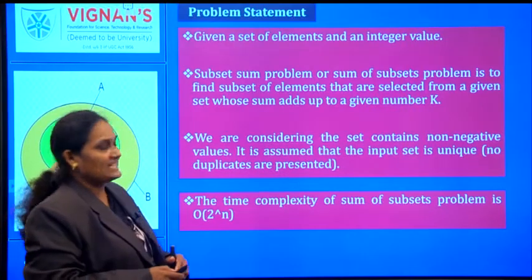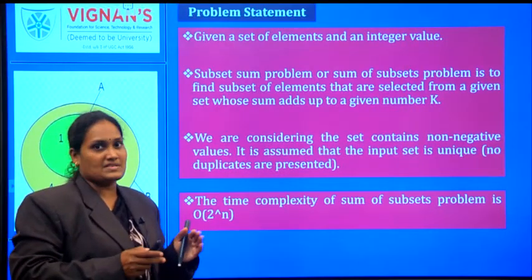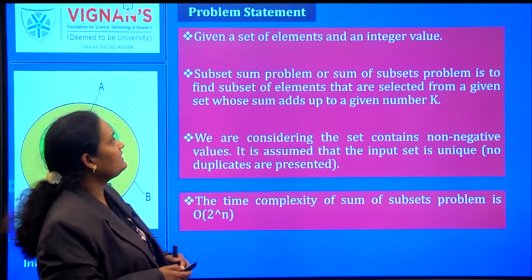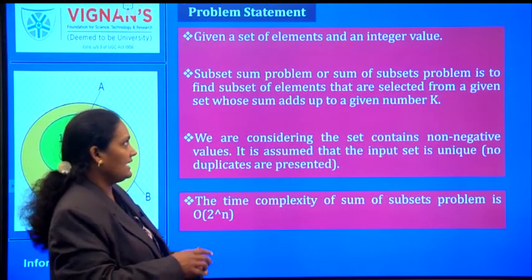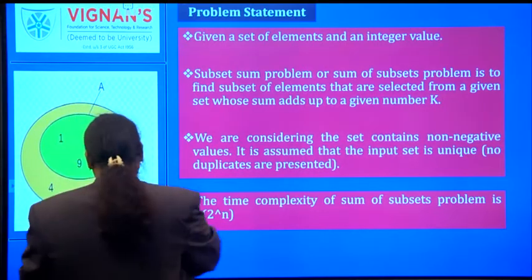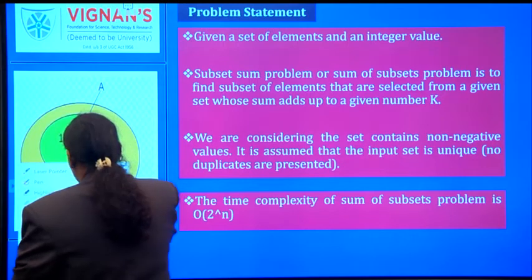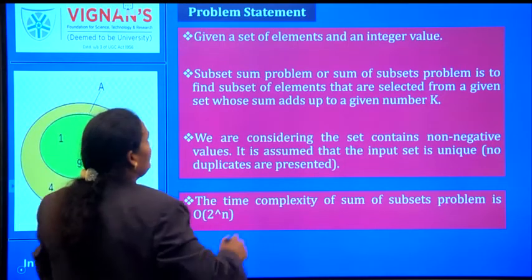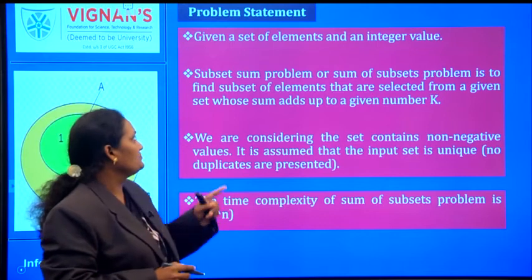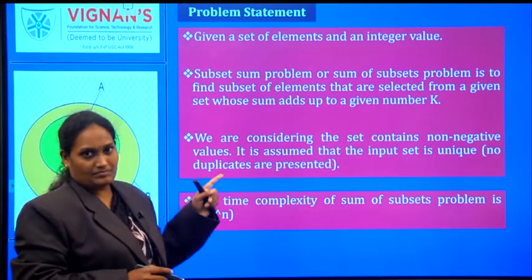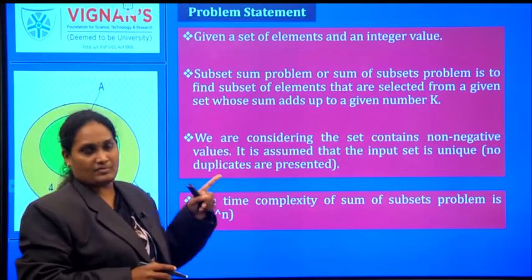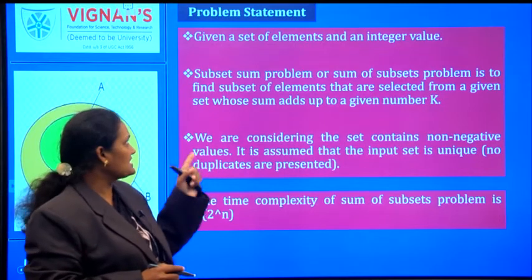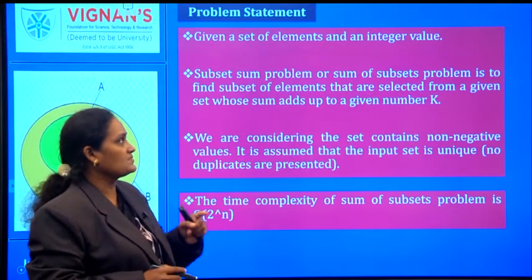Coming to the problem statement, what is the sum of subsets problem? Given a set of elements and an integer value. We can call it the subset sum problem or the sum of subsets problem.